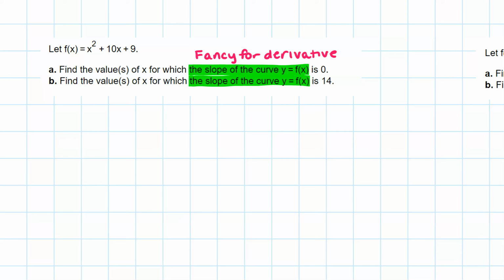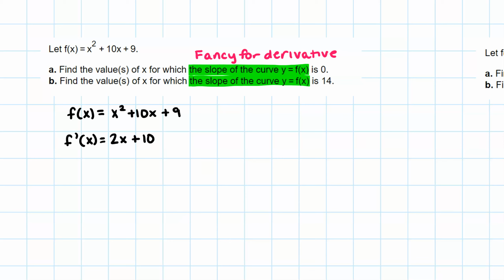So if our f of x is equal to x squared plus 10x plus 9, then f prime of x, which is the derivative of the function called x, will be 2x plus 10.